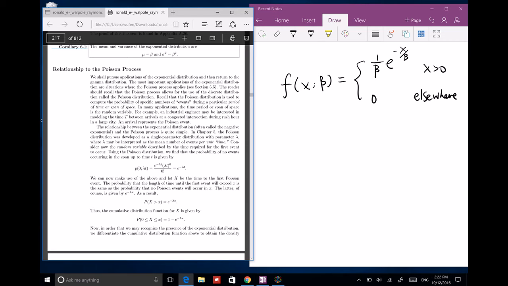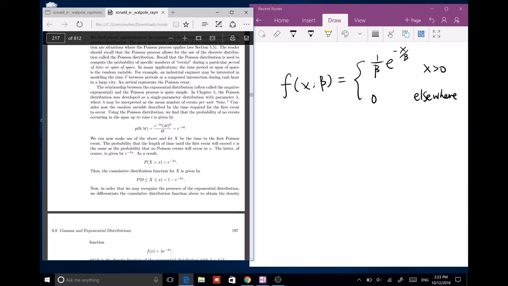The relationship between the exponential distribution and the Poisson process is quite simple. The Poisson distribution was developed as a single parameter distribution with a parameter lambda. Lambda may be interpreted as the mean number of events per unit of time. Consider now a random variable describing the time required for the first event to occur. Using the Poisson distribution, the probability that no events occur in the span of time is given by the Poisson distribution.